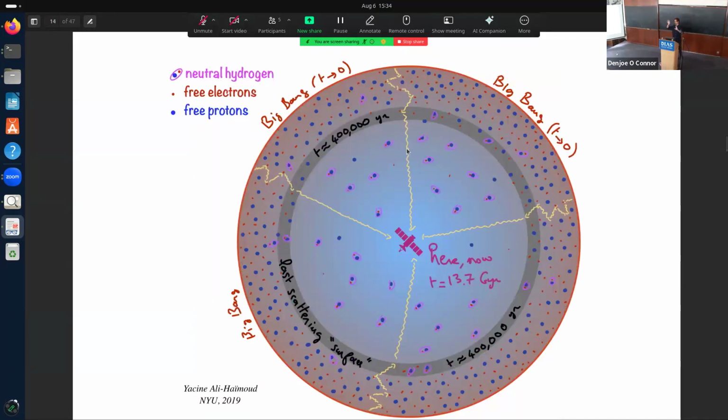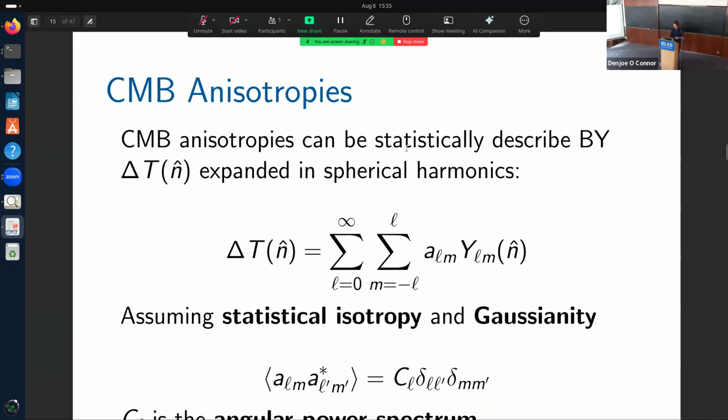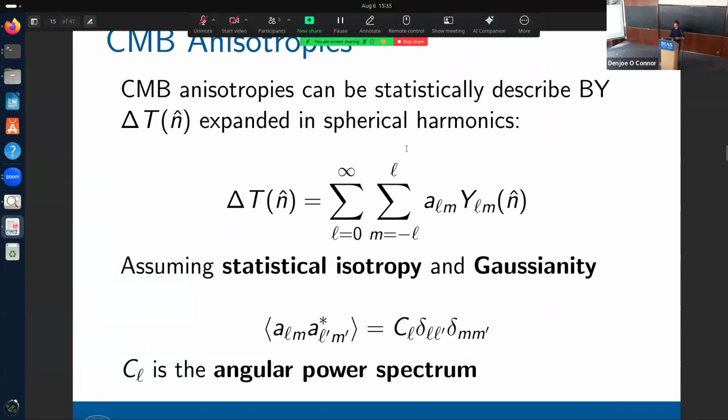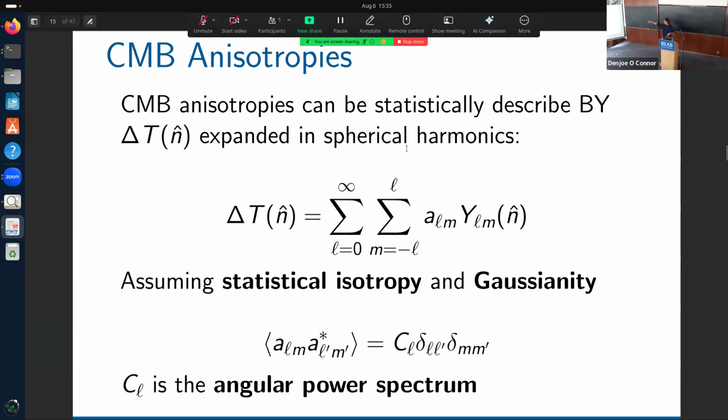So again, we look up to the sky and we see these temperature anisotropies on a sphere. So naturally, we're going to define their ΔT for a direction vector on a spherical surface. And because we're measuring the CMB on a spherical surface, we're going to decompose this ΔT in spherical harmonics.